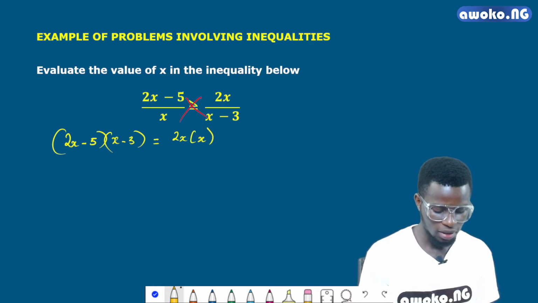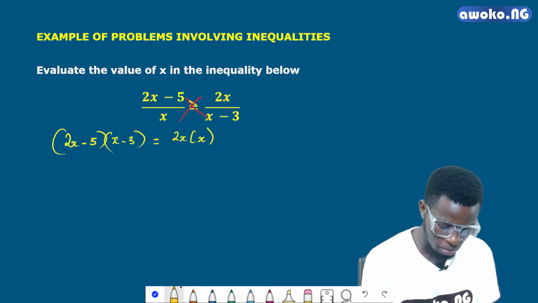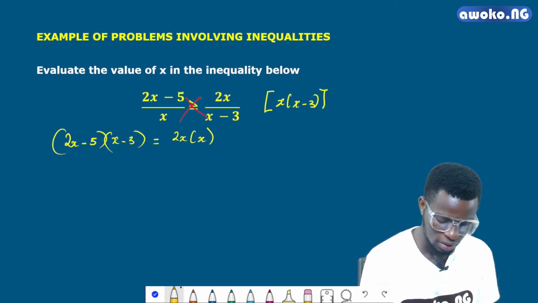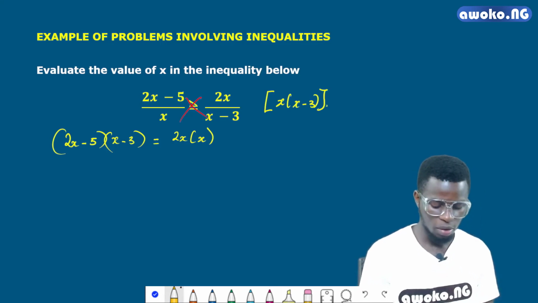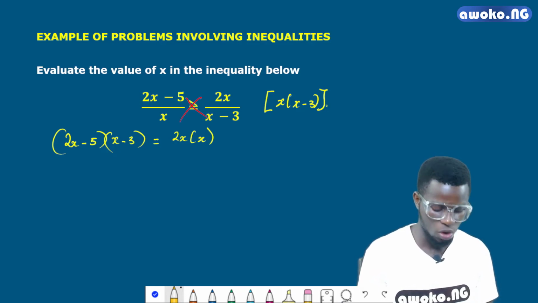Now, this is what we have. Another way we can solve this is to multiply both sides by x into x minus 3. Let us do that and see what we have.